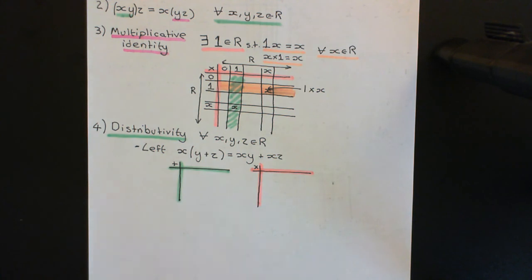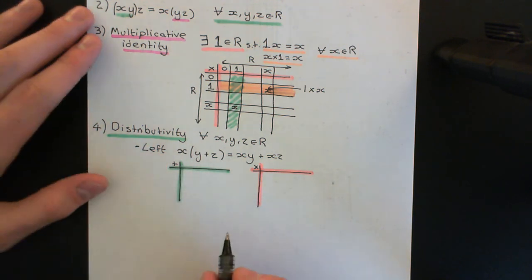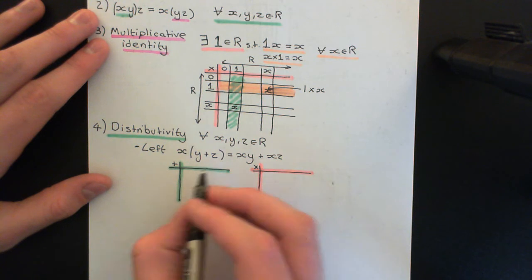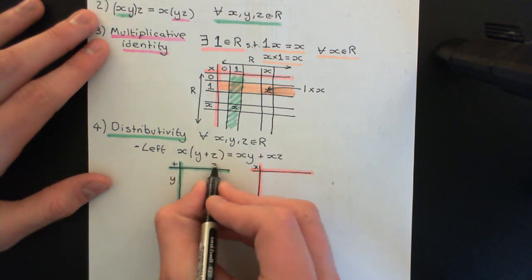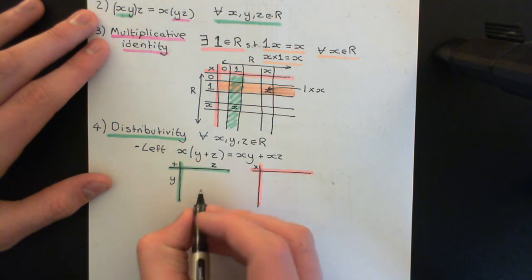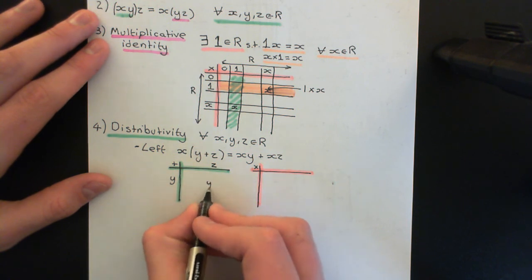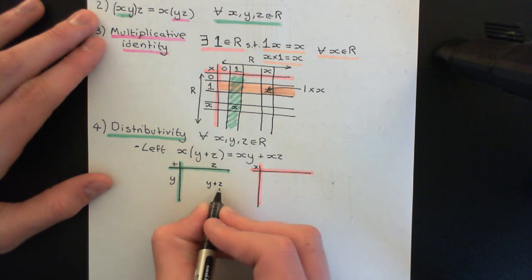Let's firstly consider what the left-hand side of this equation is actually going to equal. You're firstly going to add y and z together. So here is y, let's say, and here is z. We've got the row dedicated to y, the column dedicated to z, and we're going to add these two together in our addition composition table to get y plus z.